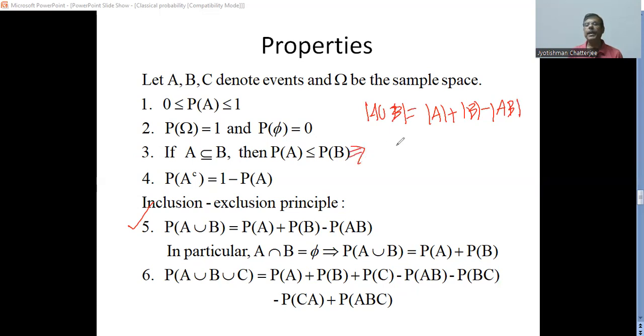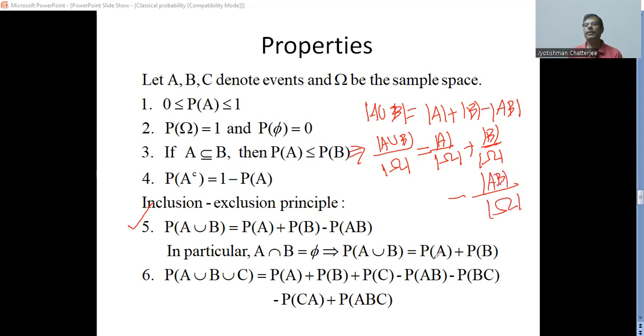Dividing by the size of omega on both sides, we get size of A union B divided by size of omega equals size of A by size of omega plus size of B by size of omega minus size of AB by size of omega.